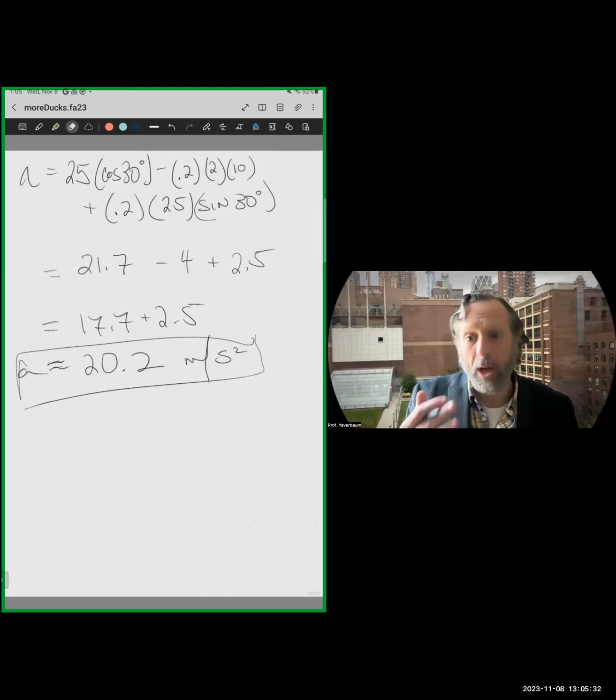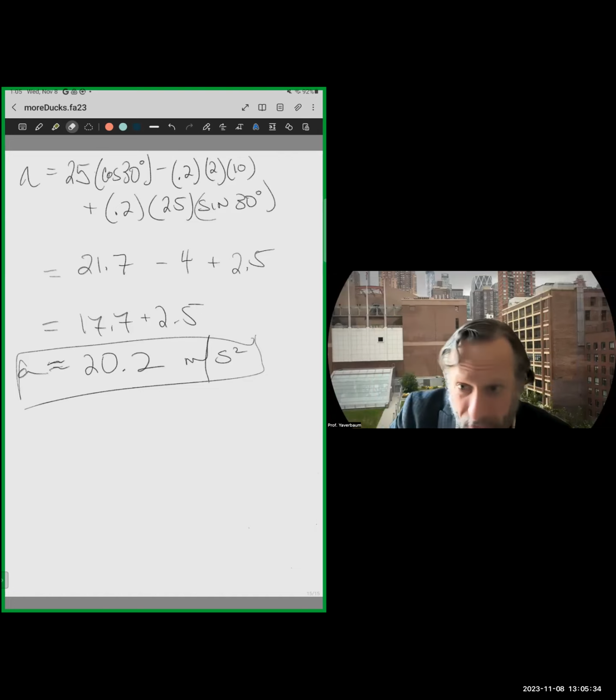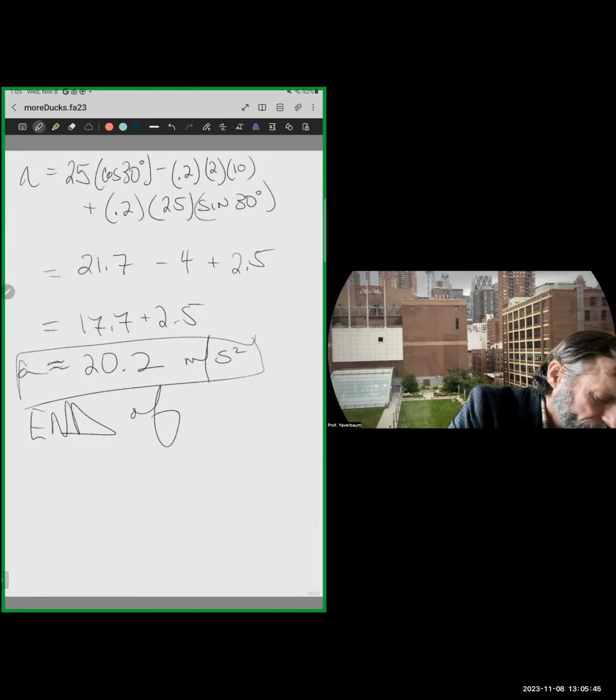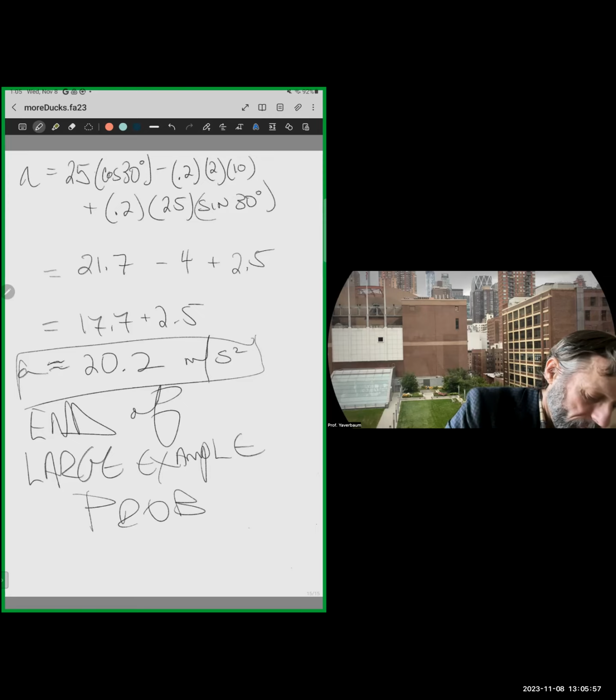That's the procedure. So please do ask questions if there are any, or as we go. That was the end of the large example problem. So now let's turn to the homework.